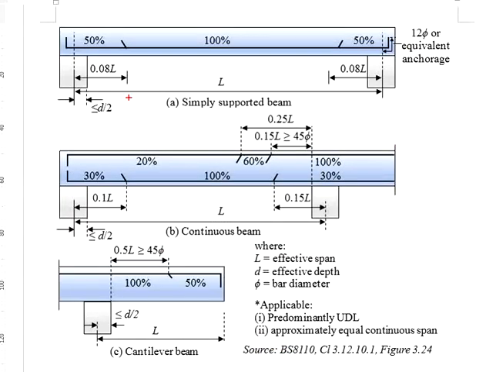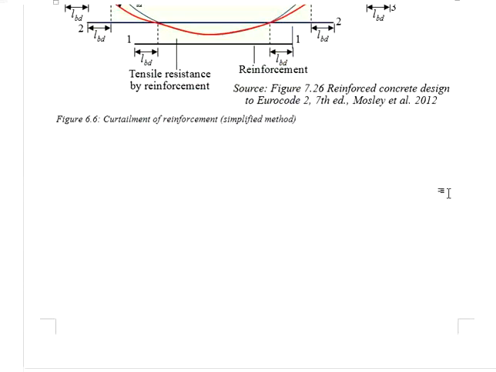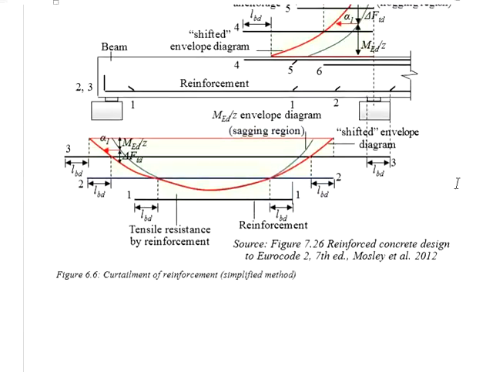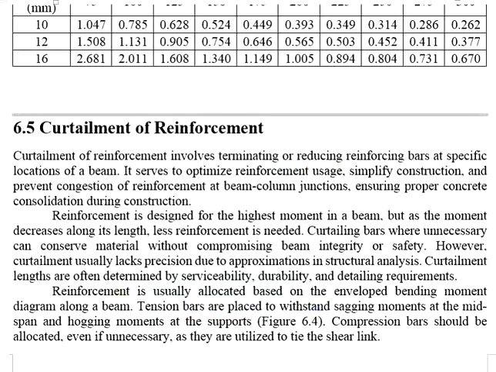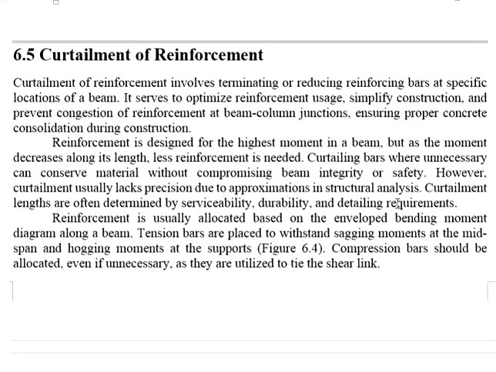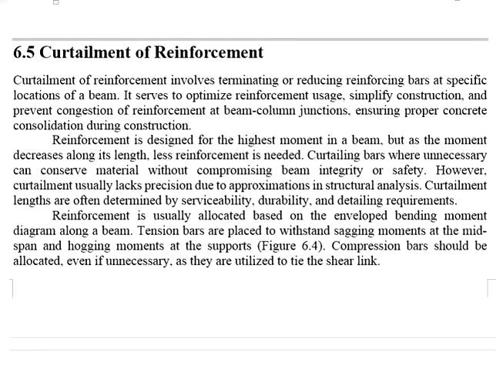However, before we look into the simplified rules of curtailment, we will need to first establish the fundamental principles behind it, which we will discuss in detail in the following videos. For the time being, you just need to remember the basic concept of doing this curtailment.